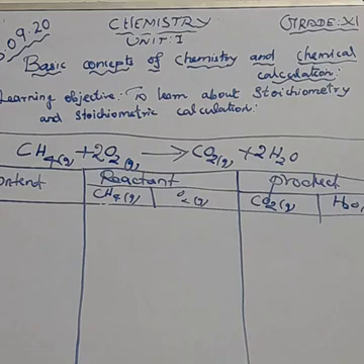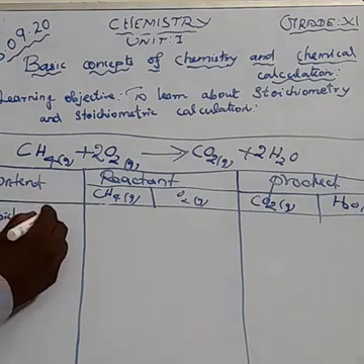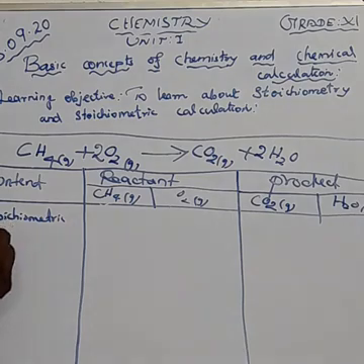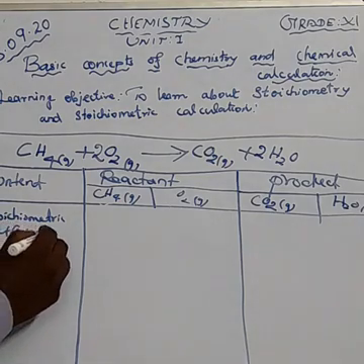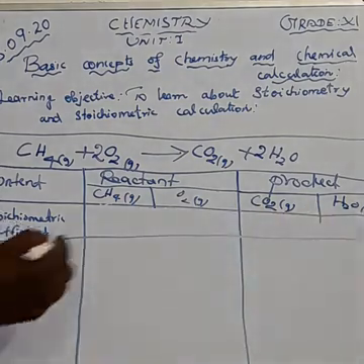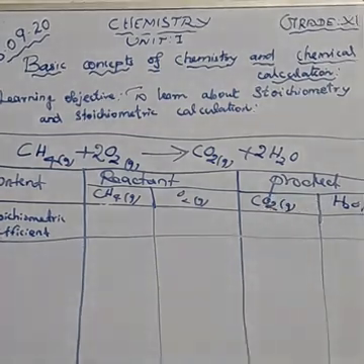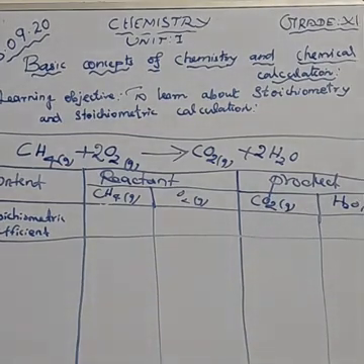First one, stoichiometric coefficient. Stoichiometric coefficient means how much number we are saying.